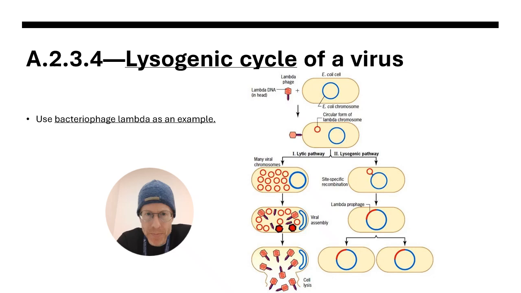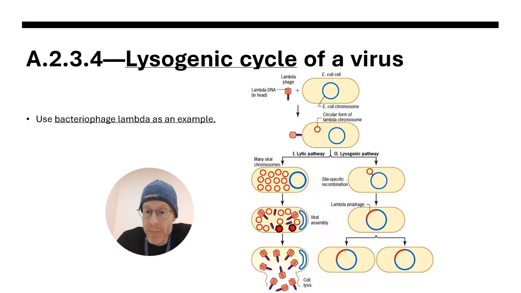So it first becomes circular within the host cell. That's necessary for it to incorporate into the bacterial genome, and then it becomes part of the bacterial chromosome, but it basically becomes deactivated. It's not used to create any viral proteins, it's just there within the cell.